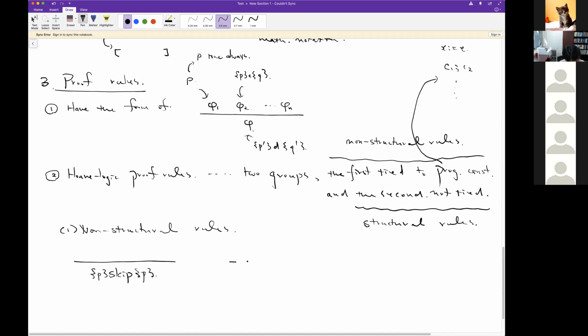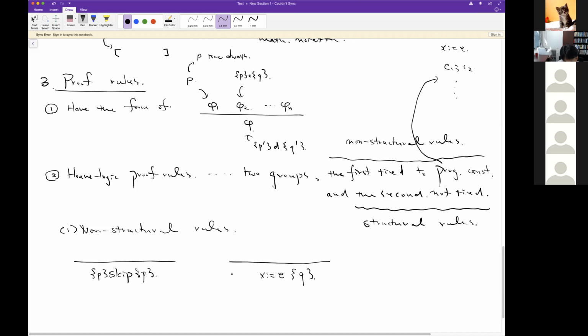A bit more non-trivial rule is called the rule for assignments. So we have an assignment. Now, suppose we want to prove post condition Q is true after the assignment. What should we do?